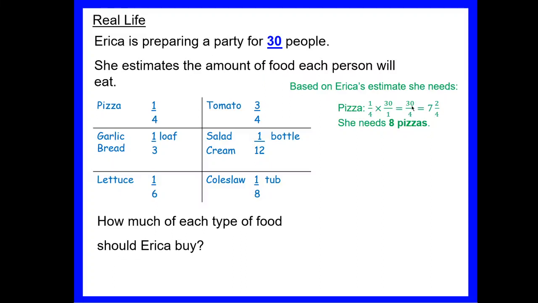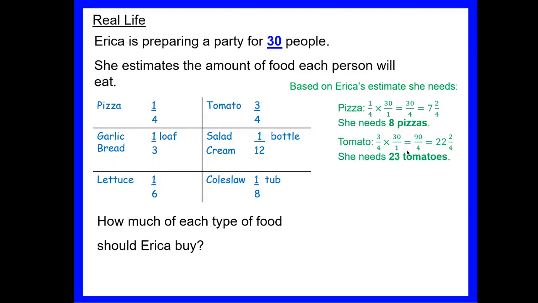So 1 times 30 is 30, and 4 times 1 is 4. And 4 goes into 30 7 whole times, with 2 remaining over our denominator of 4. Now you can't buy 7 2/4 pieces of pizza, so she would need to buy 8 pizzas. So when we're talking real life, if we can't buy something in parts, then we always round up to the next number to make sure that we've got enough.